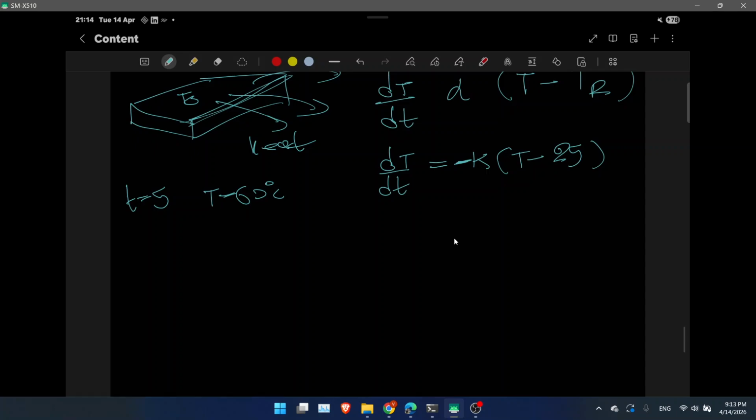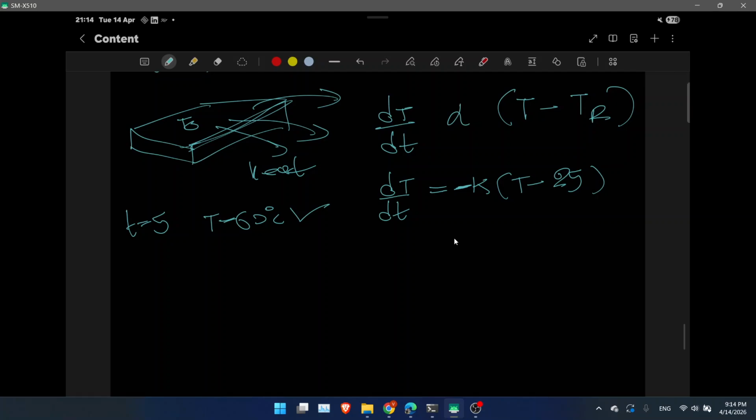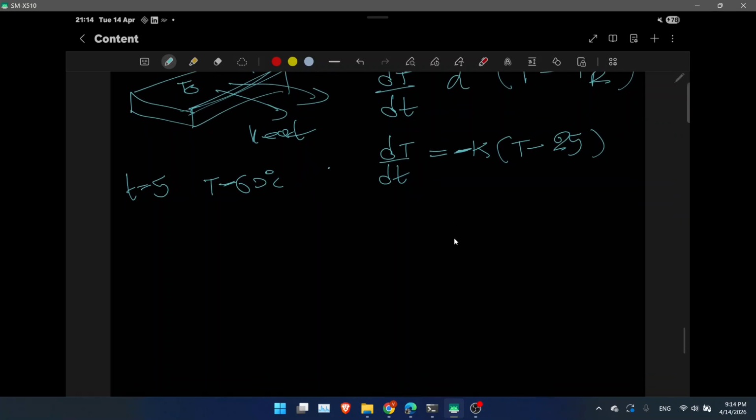Okay, so we can now argue why two conditions are given, because there is a new kind of variable there. To find it, we need another condition. So let's solve this. This is really easy. So 1 over T minus 25 dT is equal to minus k dt.